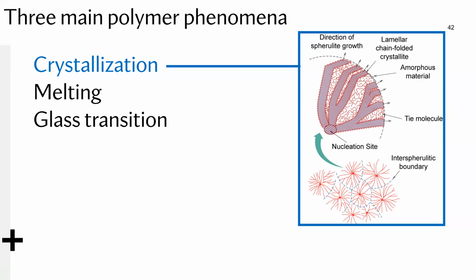Unlike a lot of the other materials, where if you reverse the solidification, you achieve melting, here you can actually get two distinct types of behavior. You can have melting or a glass transition.